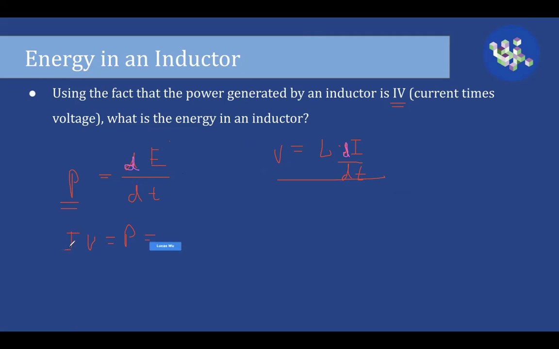So power also equals L times I times di over dt. And we also have our definition for power, power equals dE over dt. You can see that dt cancels from both sides, so we're just left with L i di equals dE.